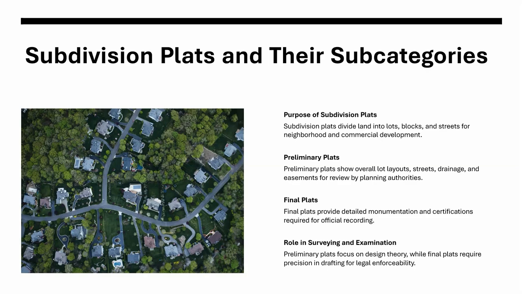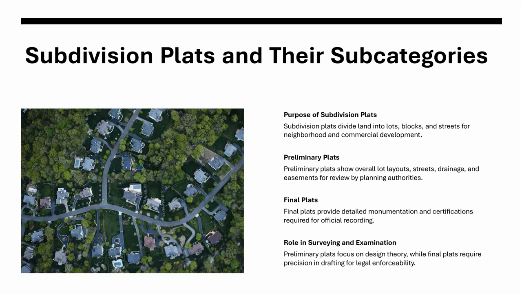The most common category, especially in growing Texas counties, is the subdivision plat. This is the document that lays out a tract of land into individual lots, blocks, and streets. It is the basis for neighborhood development, commercial parks, and rural ranchette divisions. Subdivision plats in Texas generally fall into two subcategories.